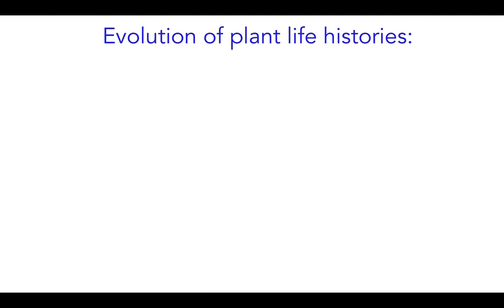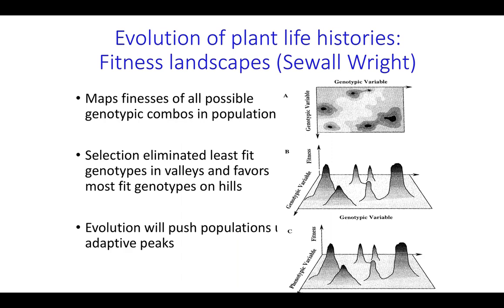So let's step back and talk a little bit more about the evolution of plant life histories. And I'm going to bring up a topic that we discussed near the beginning of class. When we were building our ecological and evolutionary lexicon, I introduced to you the concept of a fitness landscape. And this is coming from the earlier work of Sewall Wright.